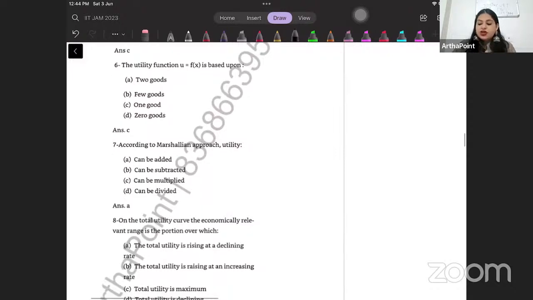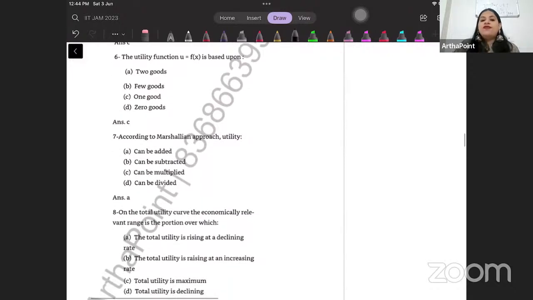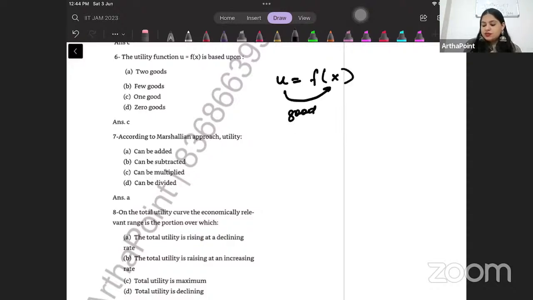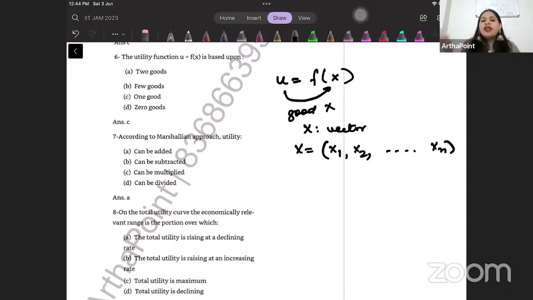The utility function u is equal to f(x), so बेटा ध्यान से समझो, utility is a function of good x. एक्चुअली स्पीकिंग, जब हम मैथ्स की बात करते हैं तो x एक वेक्टर भी हो सकता है जिसमें x रिप्रेजेंट्स मल्टीपल कमोडिटीज. तो वो मेनी गुड हो गया.